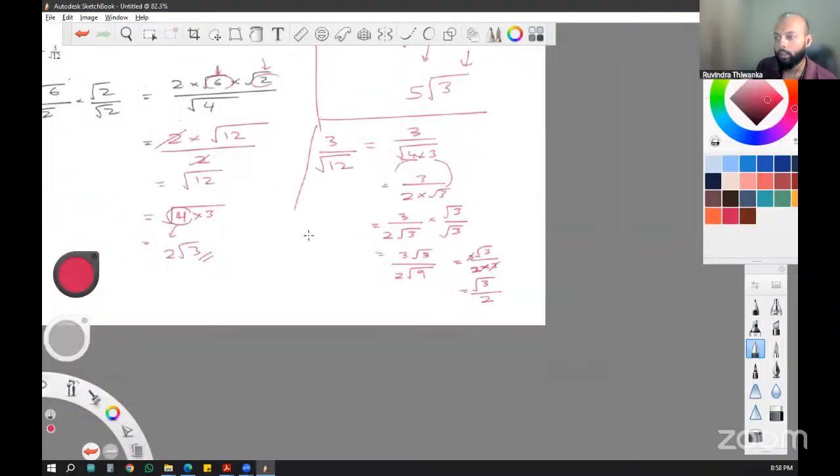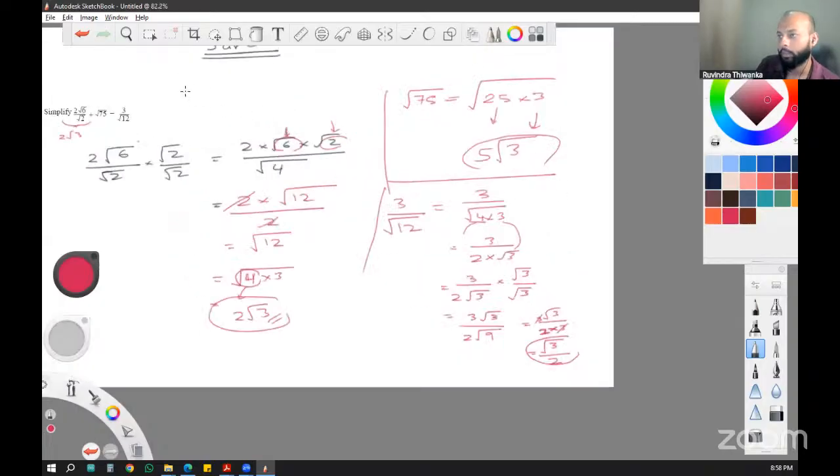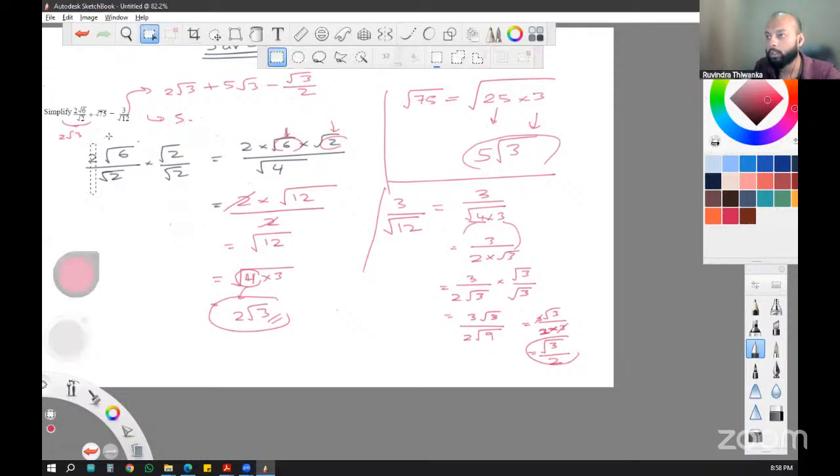Now we got the first term, the second term, and the third term. Now we'll see writing those things in the proper way. I'll just take this here: 2 root 3 plus root 75, which is 5 root 3, minus root 3 over 2.